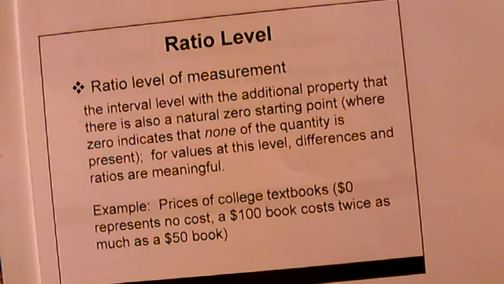Like in this case, the price of college textbooks could be this. $0 represents no cost. A $100 book can cost twice as much as a $50 book. Okay. So those are the 4 levels of measurement. And I have a few examples that are just like that.